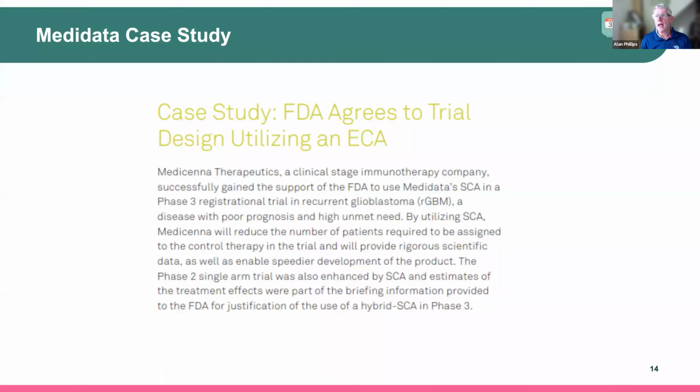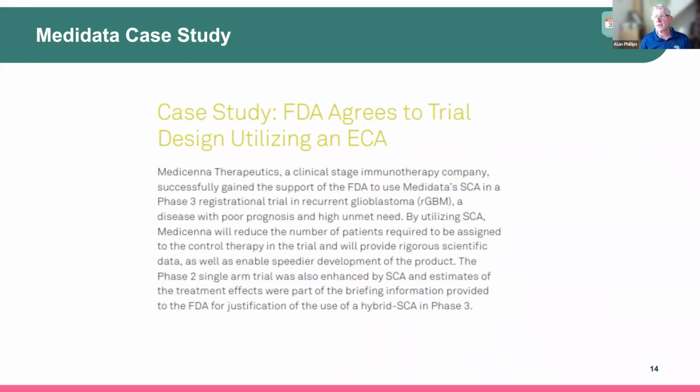They went through a PR exercise where they mentioned that they got the FDA to agree to a trial design using their existing metadata from other studies in recurrent glioblastoma, which is a disease with poor prognosis and high medical need. And with the sponsor, they went to the FDA and said, look, we don't want to use a control group within the study. What we want to do is propose a historical control group.